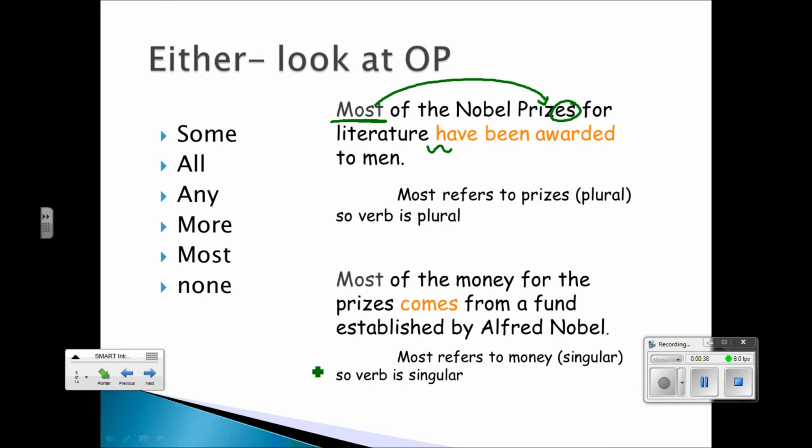So I then use the plural verb have. In the second example, I again have most as the subject, but when I look at the object of the preposition, I'm looking at the word money. Money is singular, so here I use the singular verb comes.